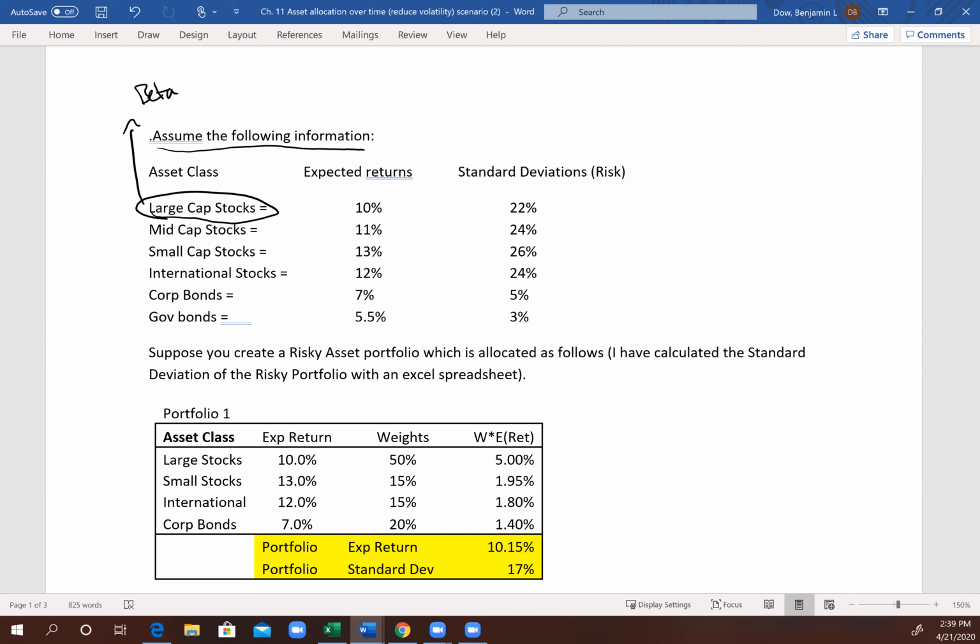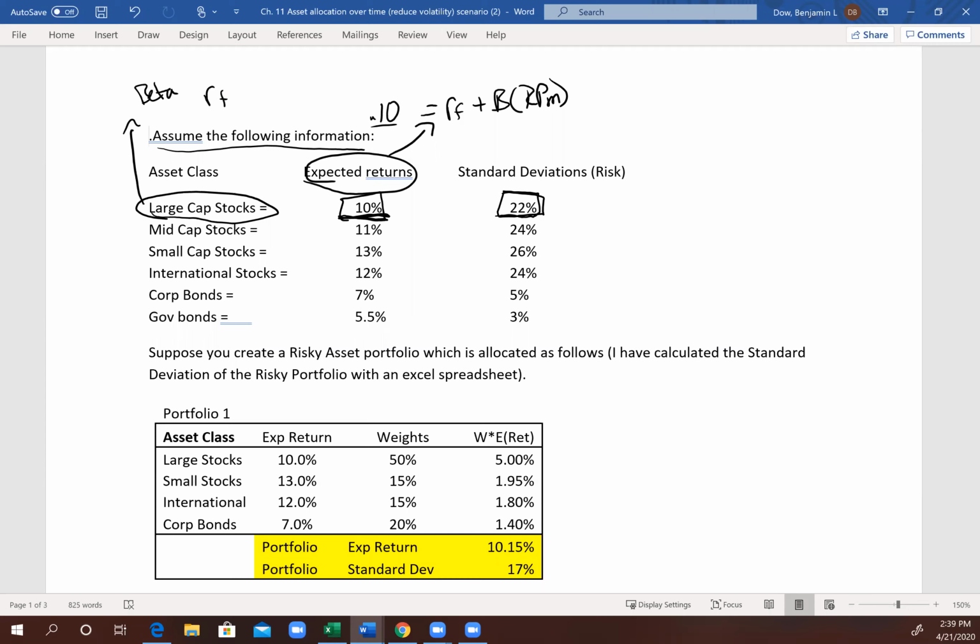We can figure out the expected return going forward by looking at the risk-free rate plus beta times the market risk premium. And suppose we calculate that as 10%. It depends on the large cap stock portfolio mutual fund you pick, but suppose it has an expected return of 10%. The standard deviation will also be given.